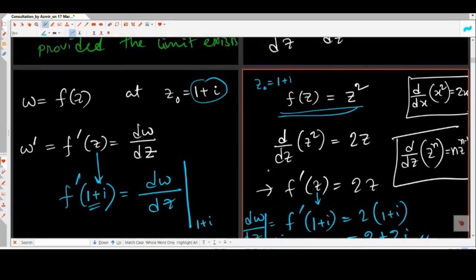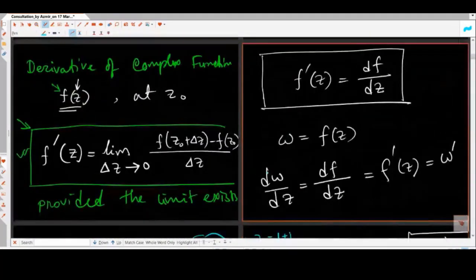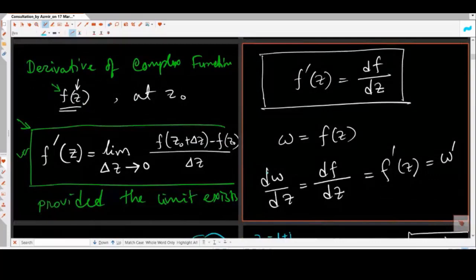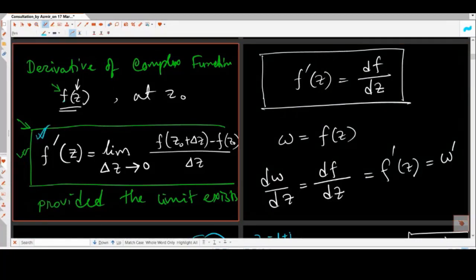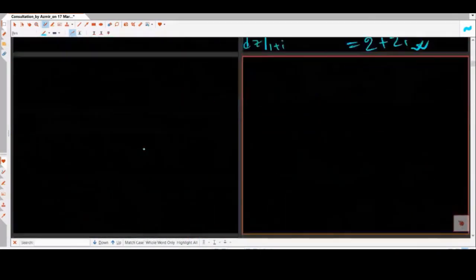So we are targeting the analytic function. We want to understand the definition of analytic function, but before that we have to know the definition of the derivative of a complex valued function. The derivative of complex valued function f of z is denoted by f prime of z, which is equal to the limit of this expression when delta z is approaching 0.